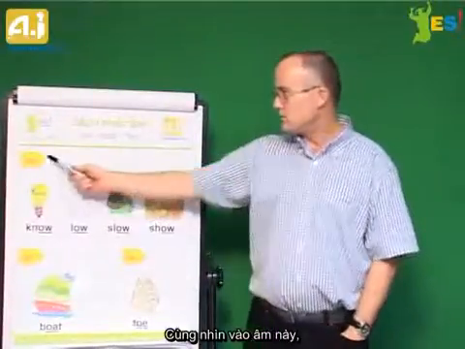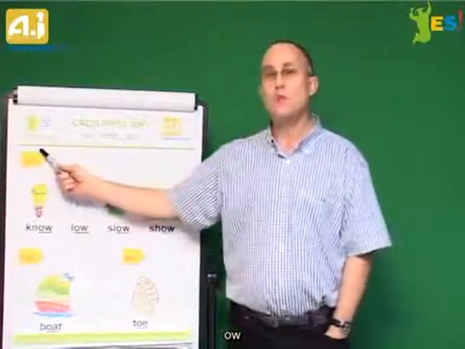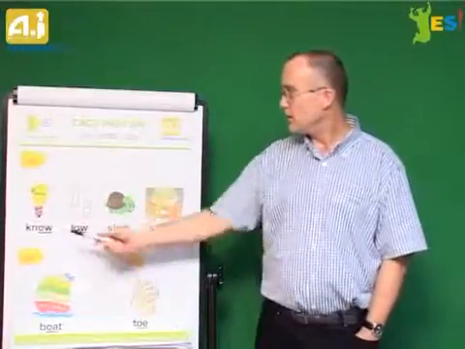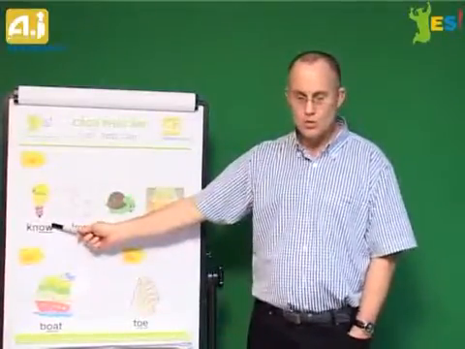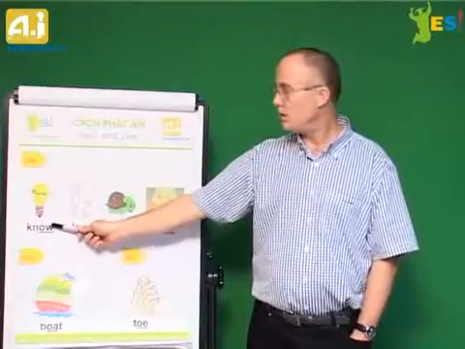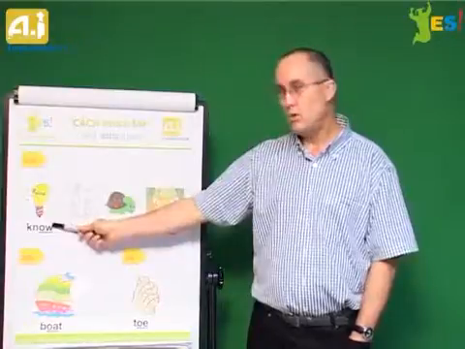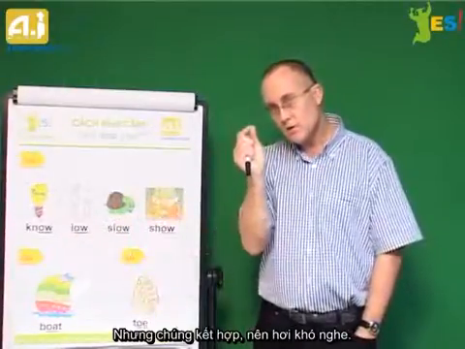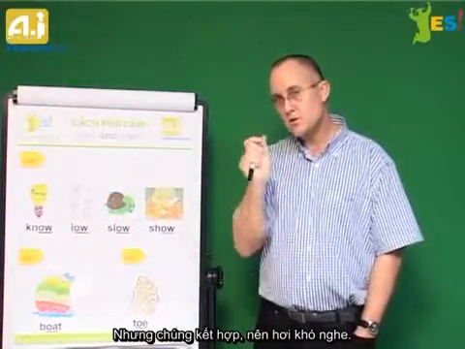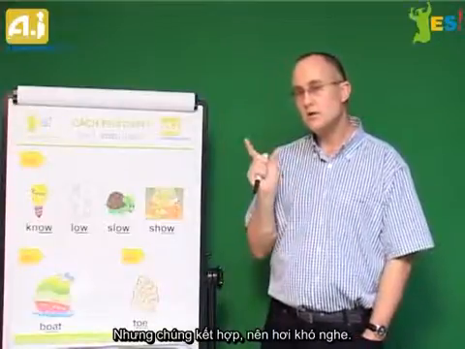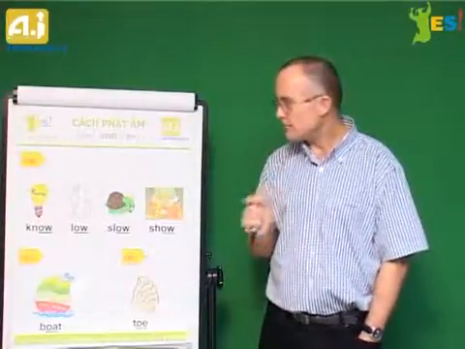Let's look at this spelling here. O-W. No, no, oh. Do you hear the sound? It's there, no, but it's together. So sometimes it's hard to hear the two. There are two sounds there.